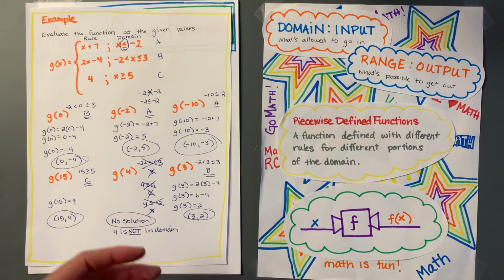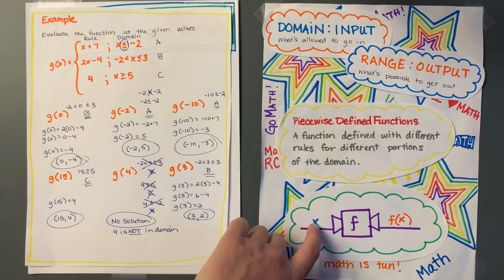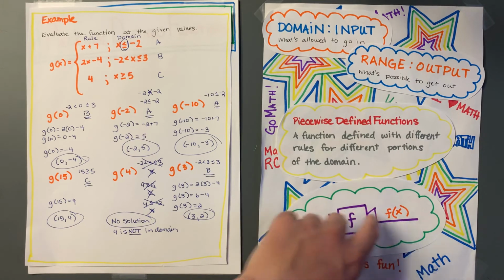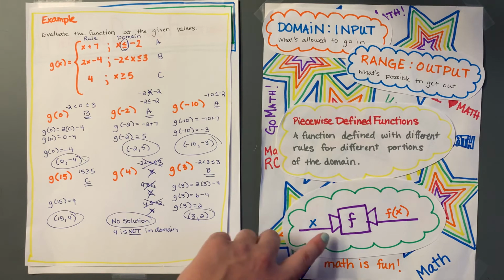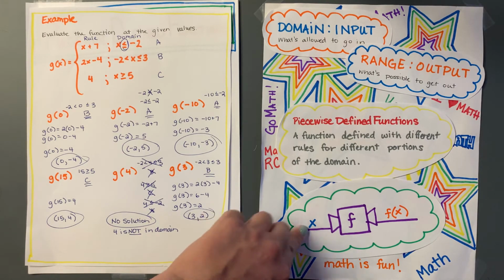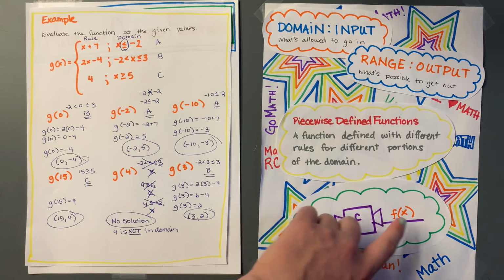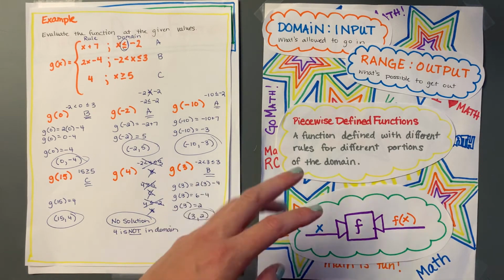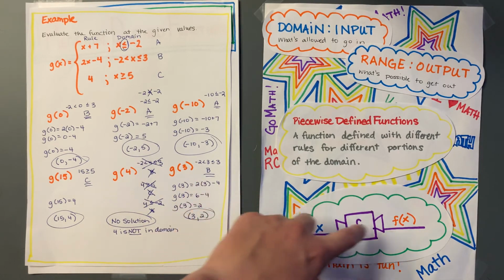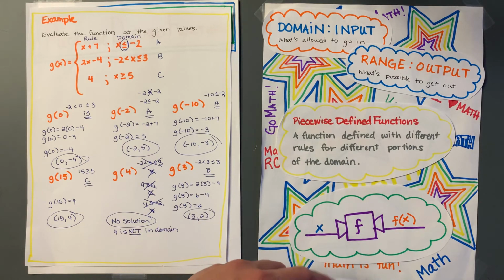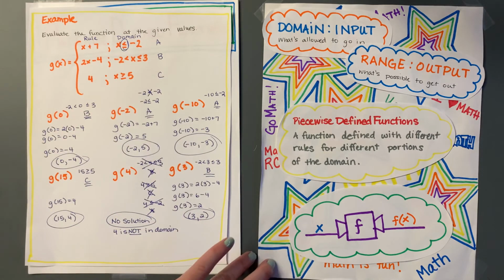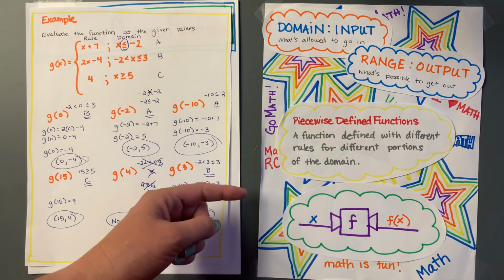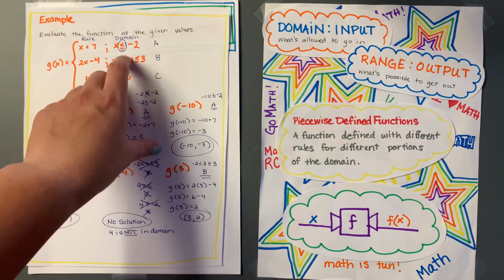If we think of a function as something like a machine that I put yarn in and I get out a sweater, depending on what color yarn, maybe if I put in red yarn, I get out a sweater. If I put in blue yarn, I get out a hat. But there's no rule for green yarn. So if I put green yarn in, I'm not going to get anything out. That's kind of what we have here, is that our machine can only handle certain inputs, and those are what we have here.